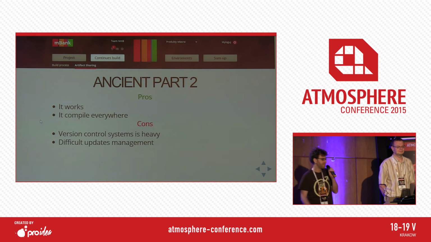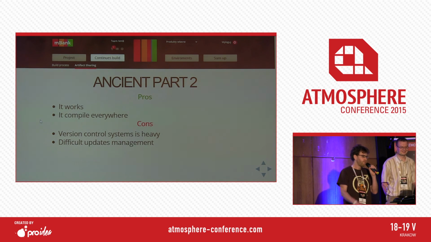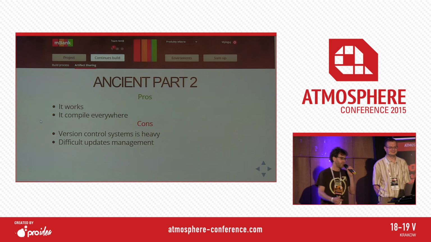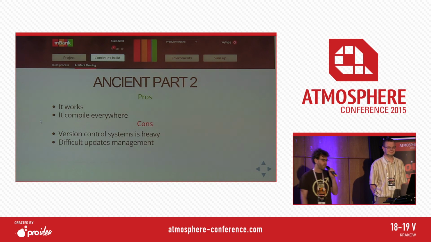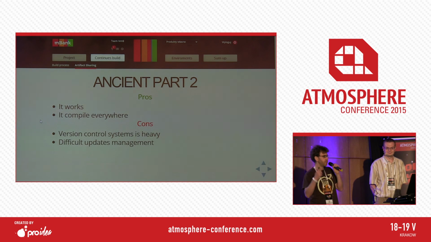The pros: it works. It compiles everywhere. The minuses are that the version control system is really heavy, and the most important, trying to manage an update of one external module is really, really difficult.